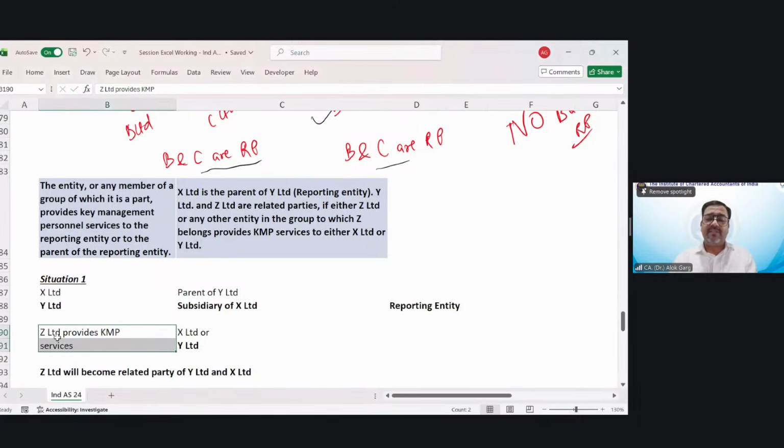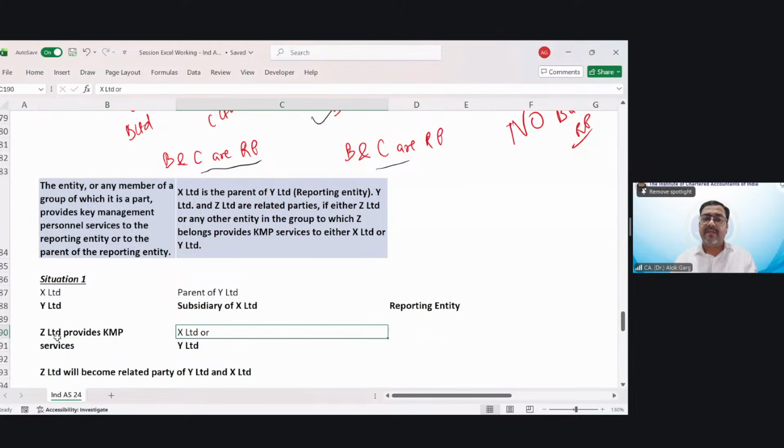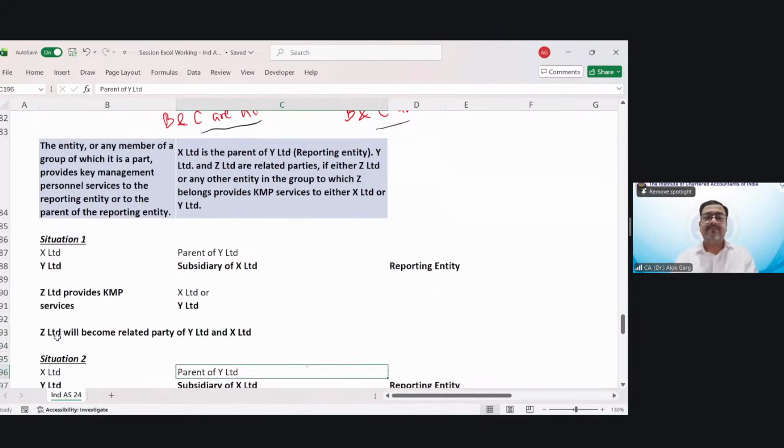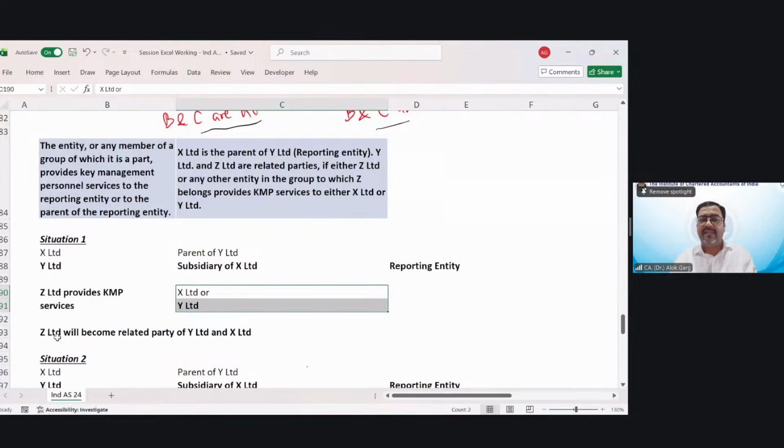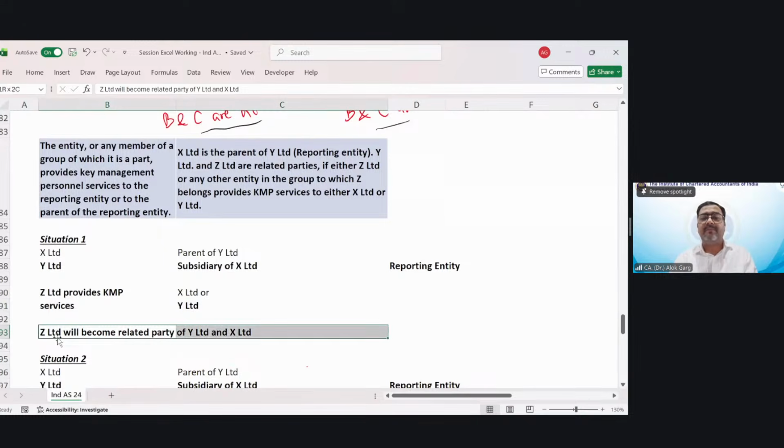So Z Limited is providing virtual CFO services to X Limited or Y Limited. If Z Limited is providing virtual CFO services to X Limited or Y Limited, then Z will become a related party of Y and X both.